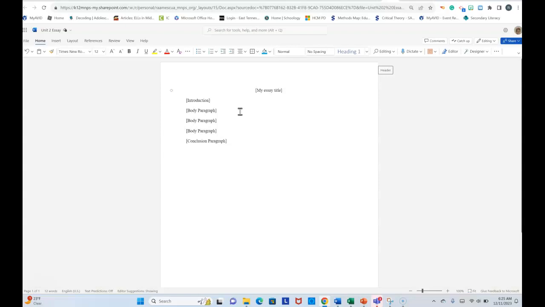The hook gets us interested in the topic. The background explains a little of the context. And then the thesis statement is your answer to the essay question. So here is your body section. Your body section gives details as to your thesis.